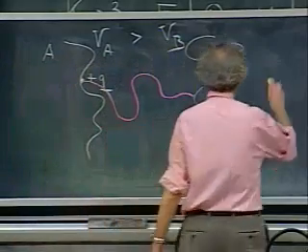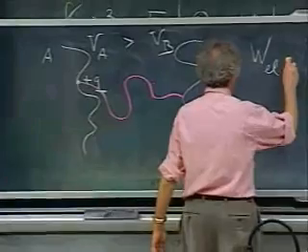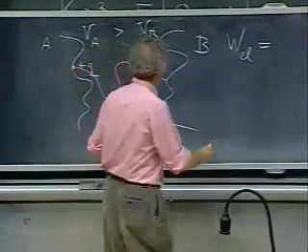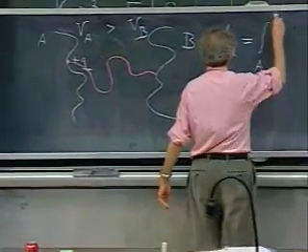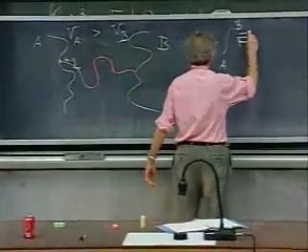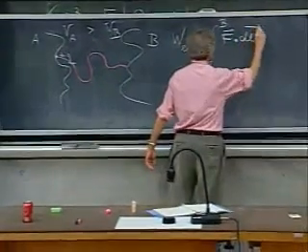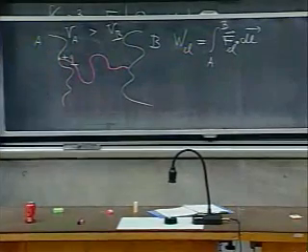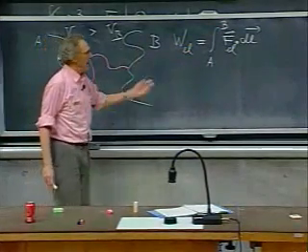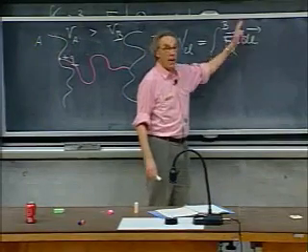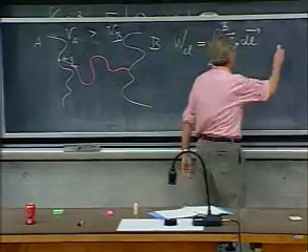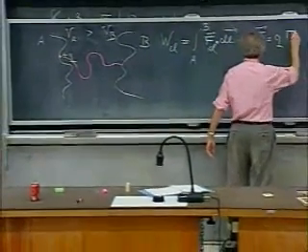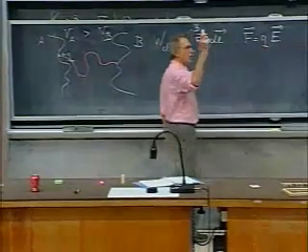The electric field is going to do work on this charge, and the work in going from A to B, integral A to B, is the force dot dl. That is the electric force on that charge. Since it is a conservative field, it doesn't matter what your routing is, you will always get the same answer. That electric force is also the charge times the electric field at any location along the line.